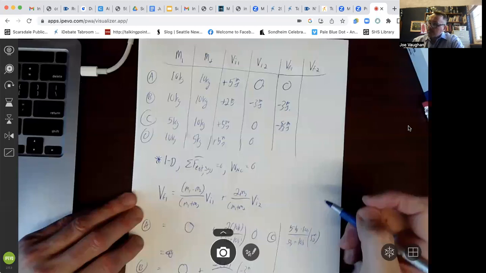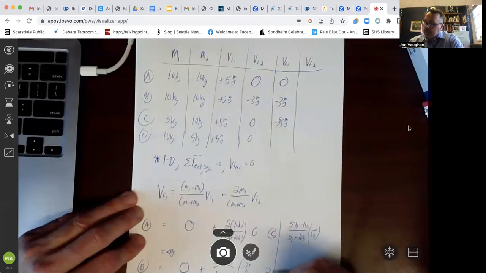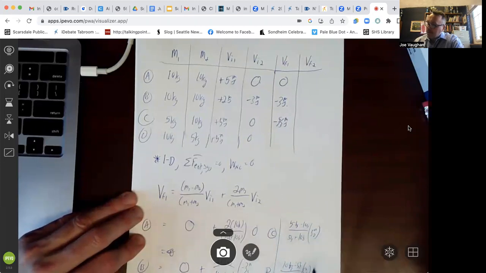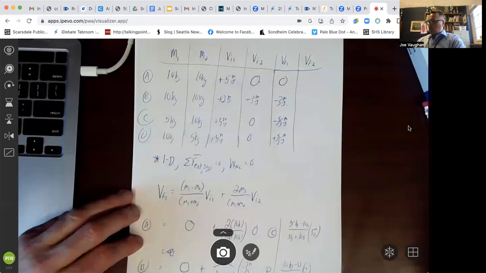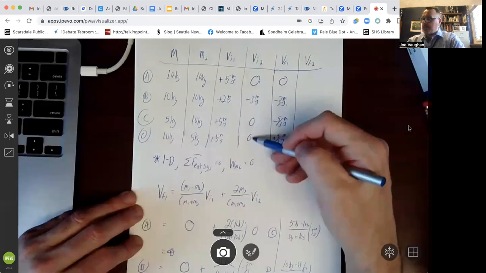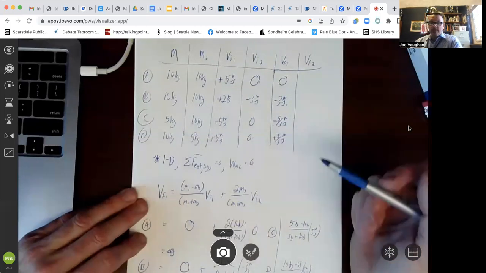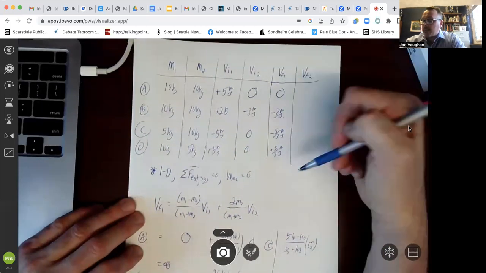And then for D, I've got 10 kilograms minus 5 kilograms over 5 kilograms plus 10 kilograms. Same thing, 5 meters per second, but now it is a positive 1/3. So that is a positive 5/3 meters per second. The second term will zero out because VI2 is equal to 0. Okay, so hopefully you got those same results.